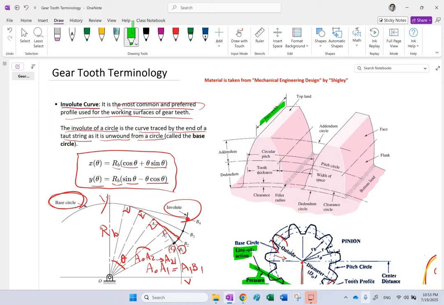Another thing that you can use to control the amount of stress in the part is the fillet radius. So the bottom portion of the teeth, when this curve meets the circle, if you don't fillet it, you have a sharp edge and you can have a stress concentration.